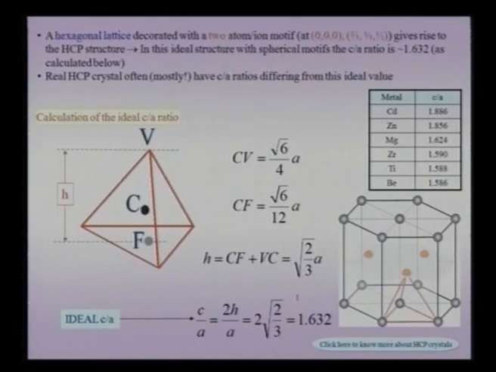Now if I look at the C by A ratios of some of the common metals which crystallize in the hexagonal close pack structure, like cadmium, zinc, magnesium, zirconium, titanium and beryllium, you would notice that even in this list there is just one which comes even close, which is magnesium, which has a C by A ratio of 1.624. In other words, most of the metals which have the hexagonal close pack crystal structure do not have an ideal C by A ratio.